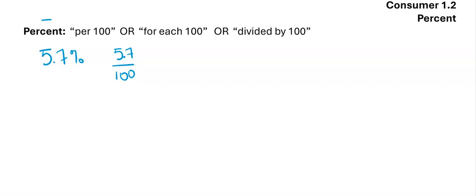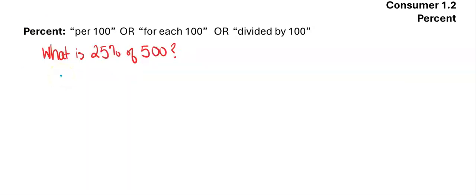And 5.7 divided by 100 is 0.057. You can find that using a calculator, or you can say, I'm just going to move my decimal 2 places to the left. There's nothing here, so I have to put a placeholder. So 5.7% is 0.057 as a decimal.